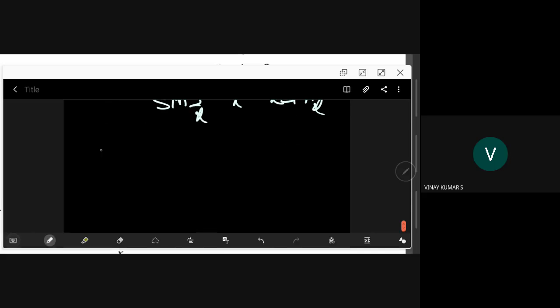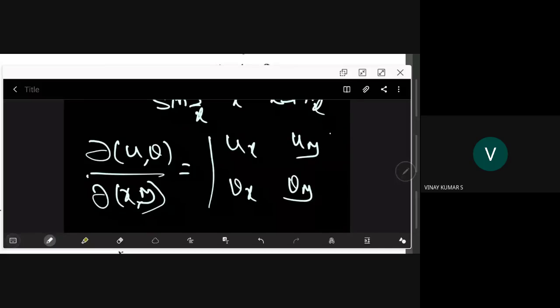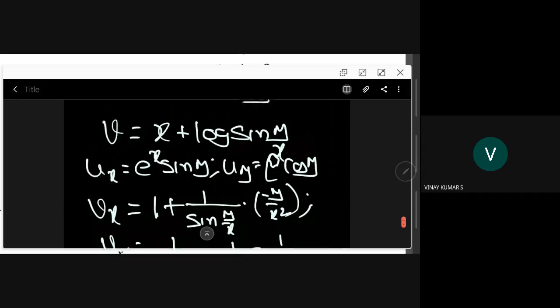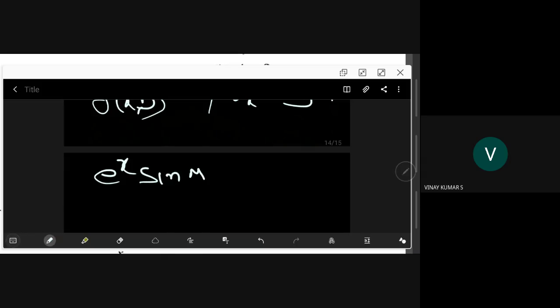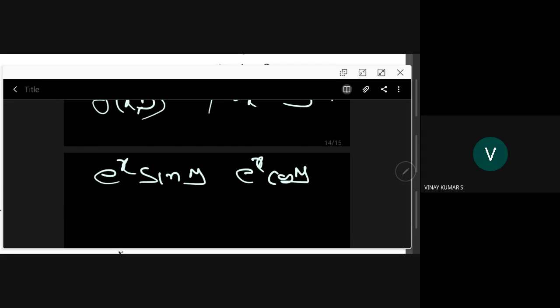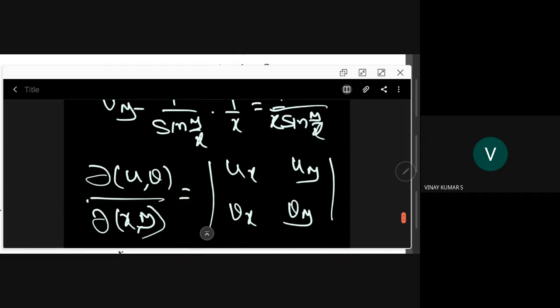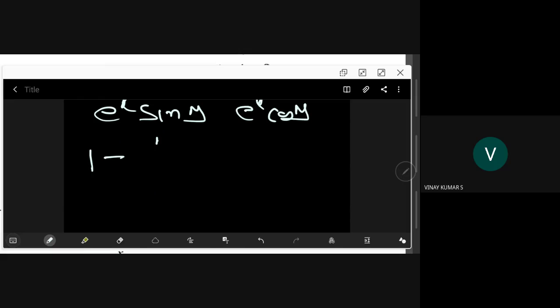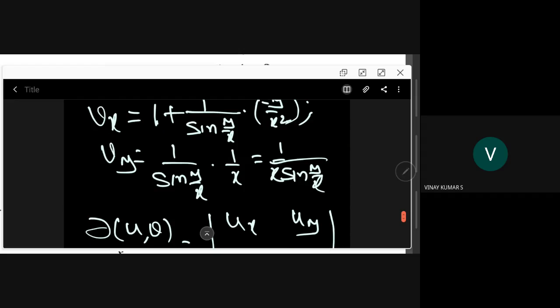Good. Now, what is our Jacobian? Dou(u,v) by dou(x,y) is the determinant of ux, uy, vx, vy. So this is the determinant with e power x sin y, e power x cos y, 1 minus y by x square sin y by x, and 1 by x sin y by x.